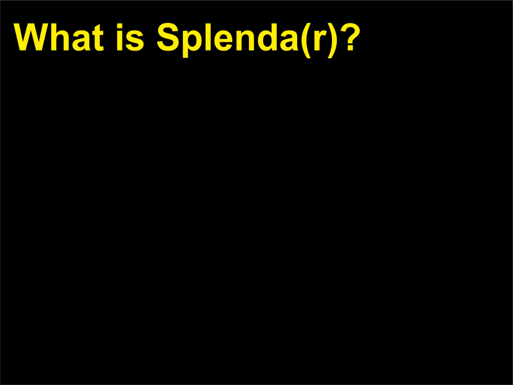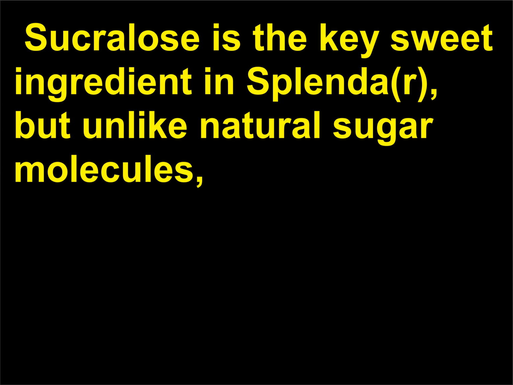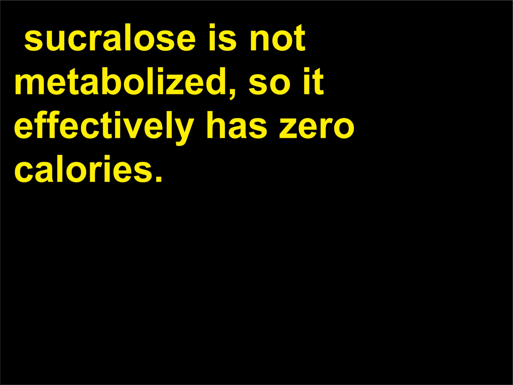What is Splenda, R? Splenda, R, is a commercial name for an artificial sweetener, like NutraSweet, R, or Equal, R. Sucralose is the key sweet ingredient in Splenda, R, but unlike natural sugar molecules, sucralose is not metabolized, so it effectively has 0 calories.